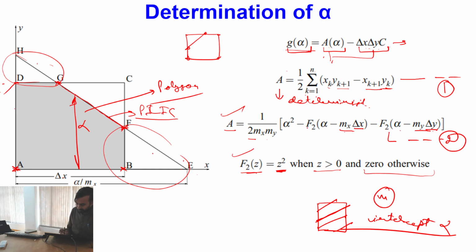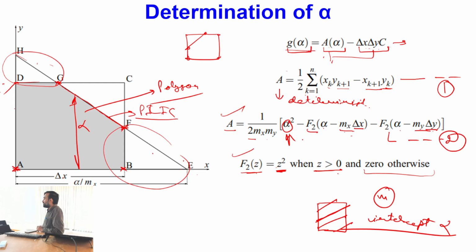And f is a simple function which will be equal to the square of this quantity if z is greater than 0, like if alpha minus mx into delta x is greater than 0, then it will be the square; otherwise it will simply be equal to 0. So the only thing here we are dealing with is the initial guess of alpha. So the second one is actually easier to implement in a numerical code. All are clear with this point?